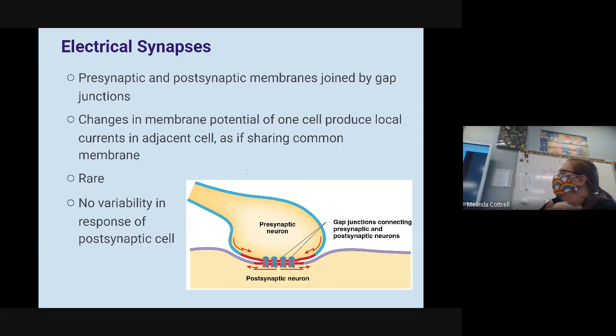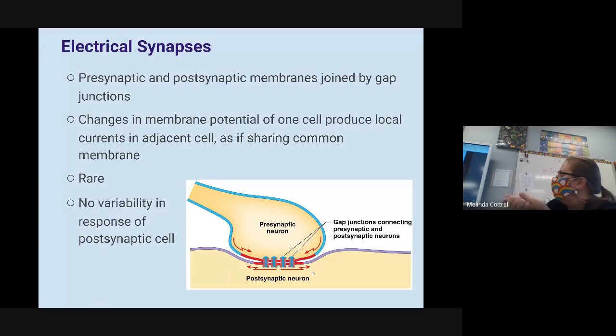So this has to rely on changes in membrane potential and not a chemical. The impulse is going to travel down, and that's what these little red lines are, down to the synapse.